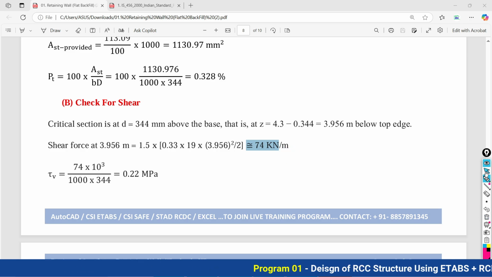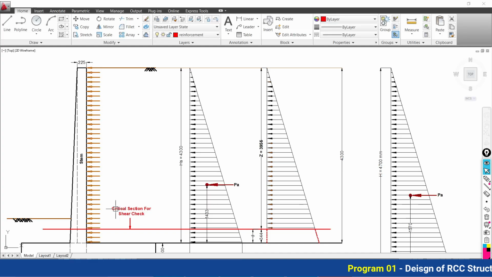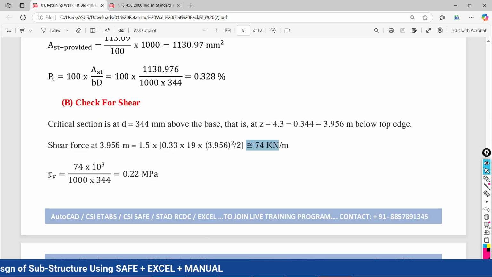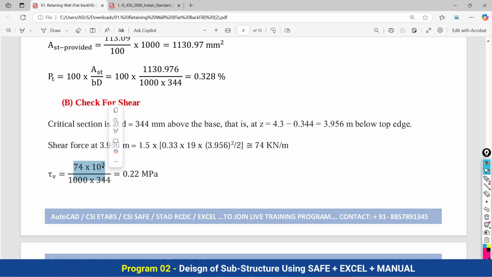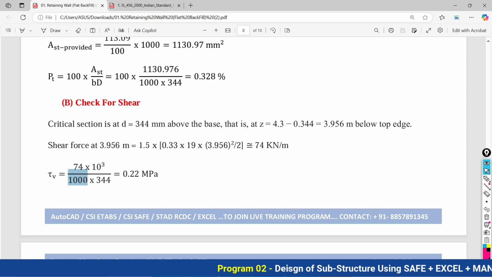So I would like to calculate at this critical section for the shear, what nominal shear stress is going to be developed due to this lateral stress from the soil. So nominal shear stress will equal the force value divided by B, the considered width of the retaining wall for which you are going to design.